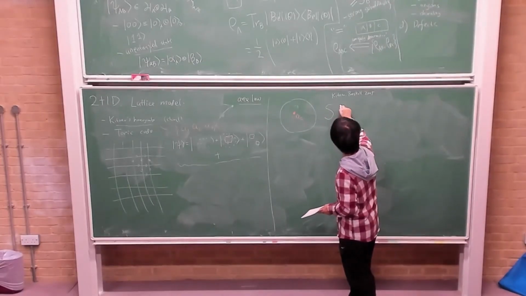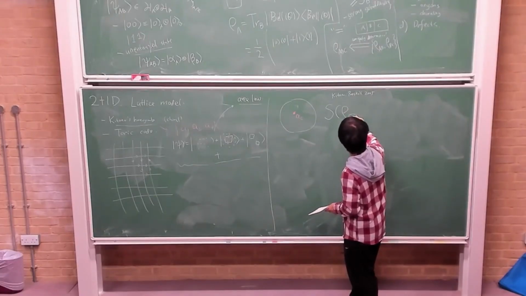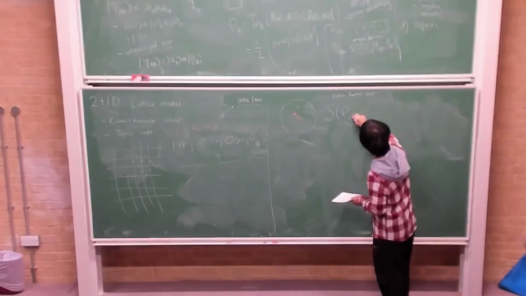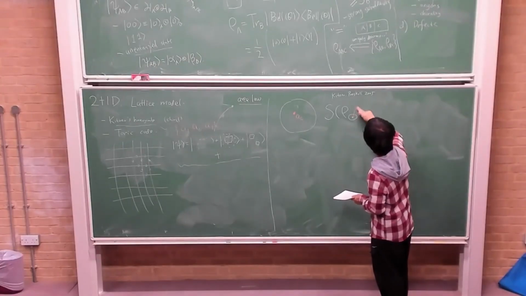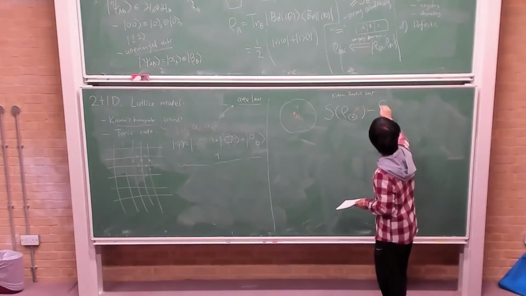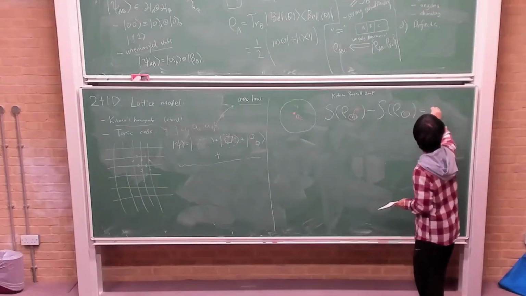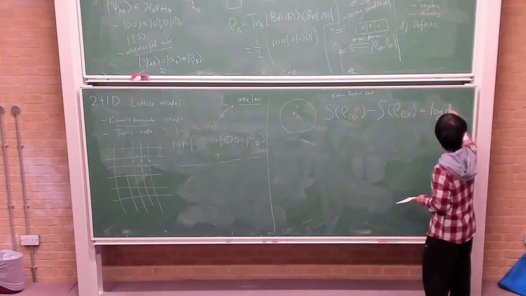They were saying the entanglement entropy of the state on the disk with the anion a, let me make it general, minus the entropy of the vacuum is log d_A.